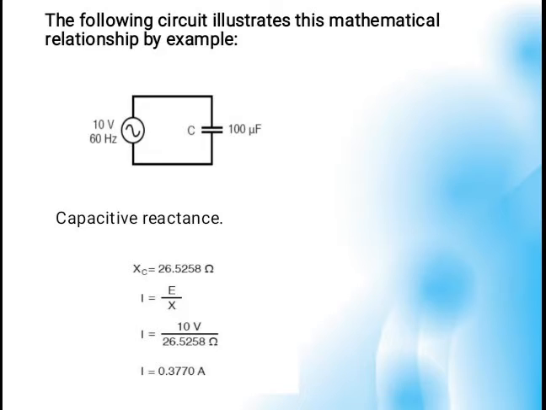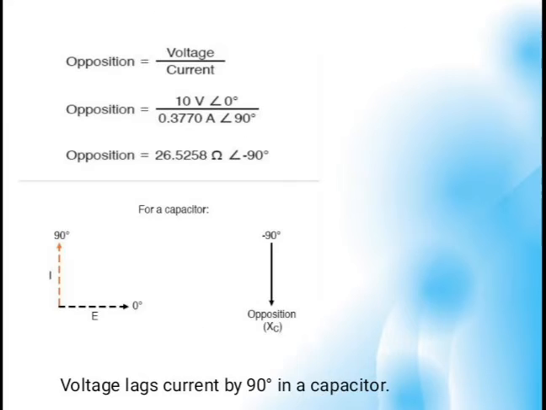As was shown earlier, the current has a phase shift of positive 90 degrees with respect to the voltage. If we represent these phase angles of voltage and current mathematically, we can calculate the phase angle of the capacitor's reactive opposition to current.